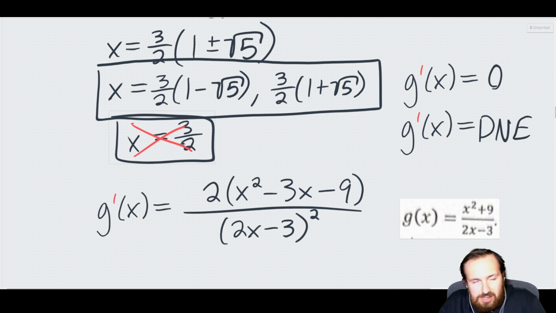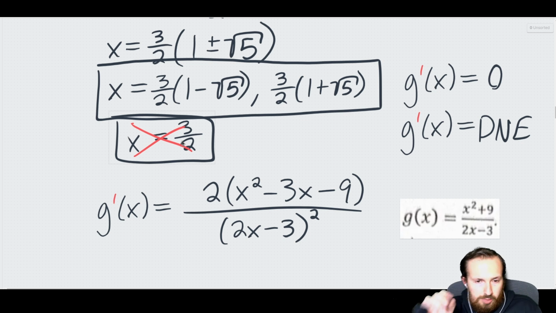Now, that might seem kind of weird, but why does that make sense? Basically, think about it like this. Critical points are essentially potential relative extremes, potential relative maxes or potential relative mins. So think about the definitions of those first. What is a relative max?